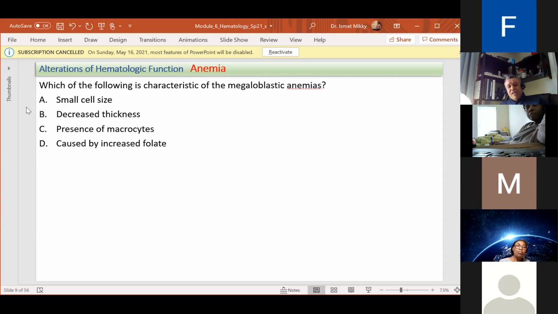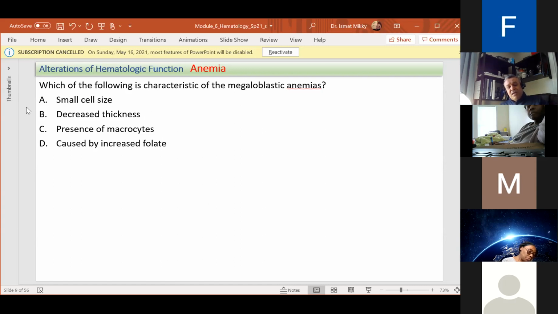And these cells are going to mature into macrocytes in the circulation. They're going to be produced as macrocytes, and then they'll be in the circulation. So these cells will have a large size, increased in size, thickness, and volume.